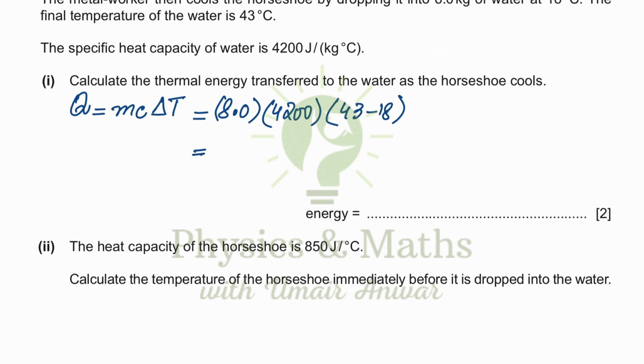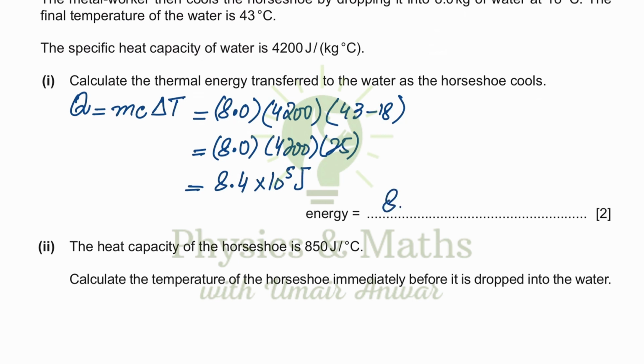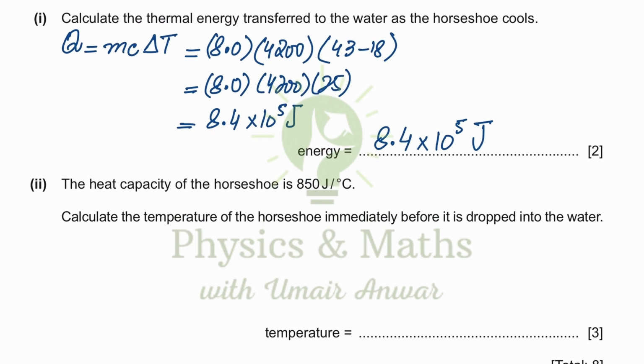So this becomes 8.0 into 4200 into 25 degrees centigrade as the temperature change, and the answer is 8.4 into 10 raised to 5 joules in two significant figure expressed in standard form. So I'm writing 8.4 into 10 raised to 5 joules.